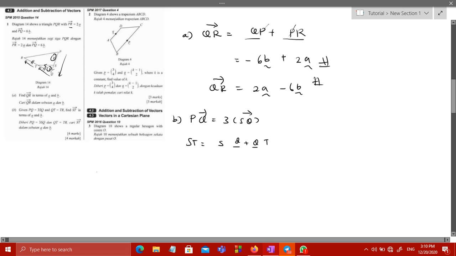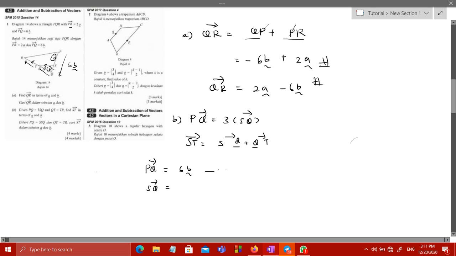Okay, like that. ST equals SQ plus QT. So we know PQ just now is 6b. PQ is equivalent to 6b. How about SQ?